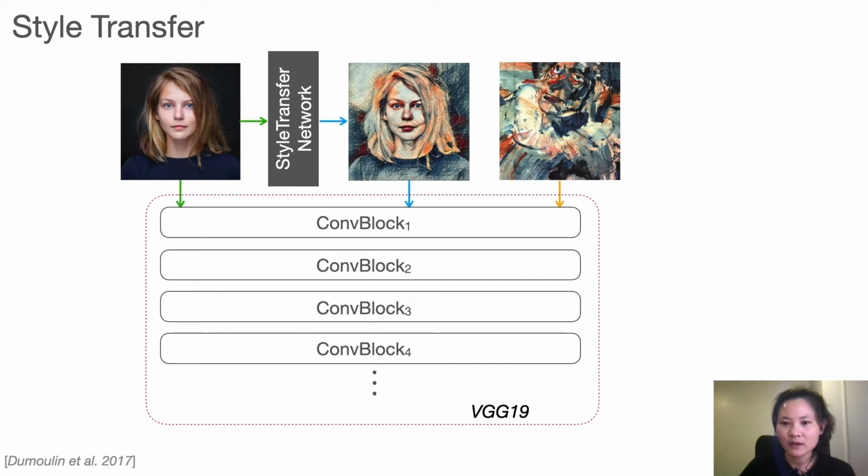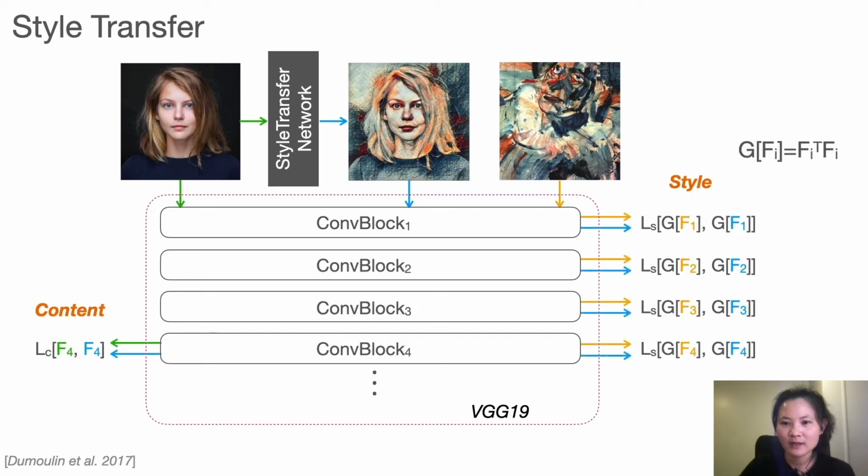The two images, along with a style image, are passed through a pre-trained VGG network. The resulting intermediate representations are used to compute the content loss and style loss. The content loss aims to ensure the content from the content image is kept in the output image, while the style loss enforces a Gram matrix similarity between the output and the style image, which is helpful to synthesize style patterns guided by the style image.